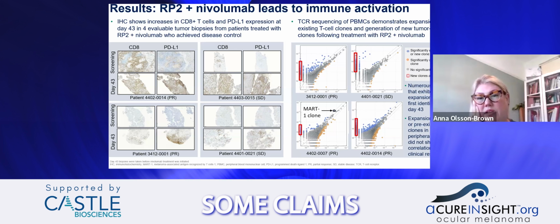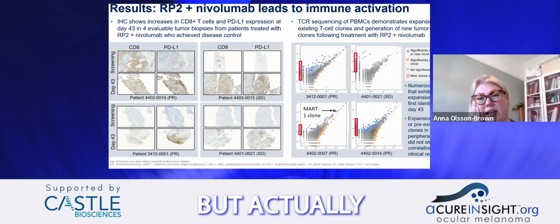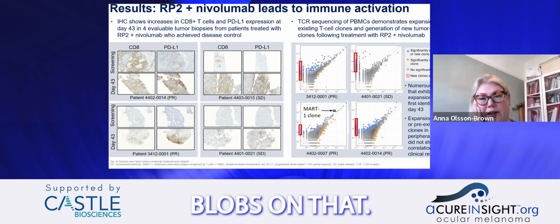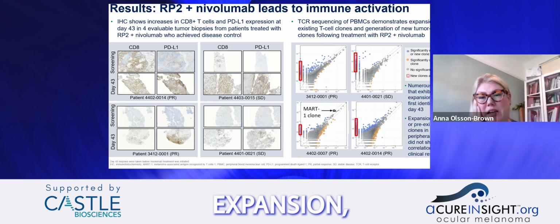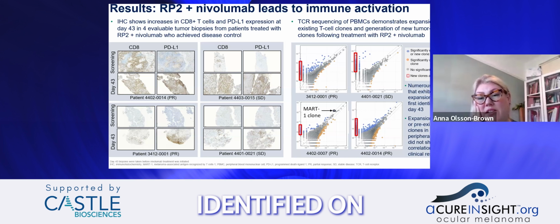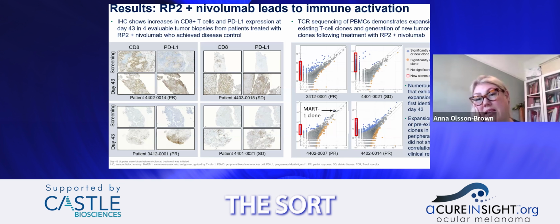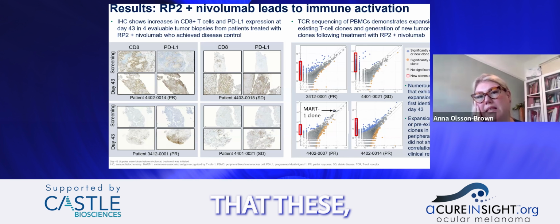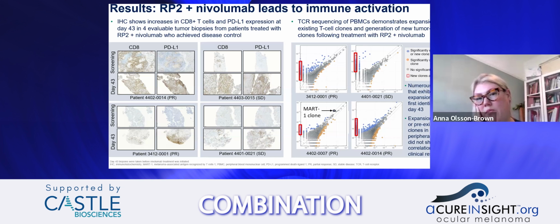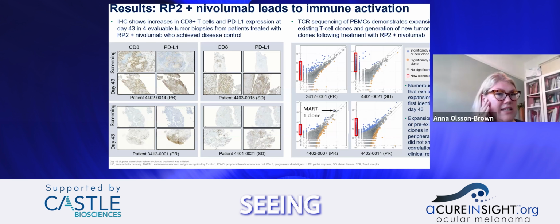There were some clones that got smaller, but actually there are, as you can see, a lot of blue blobs on these curves, which showed that numerous clones exhibited expansion that were first identified on day 43, so after the implementation of treatment. So we can see that this therapeutic combination is leading to immune activation and actually seeing benefit.